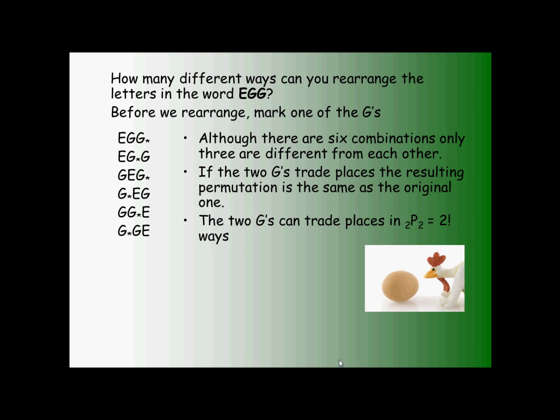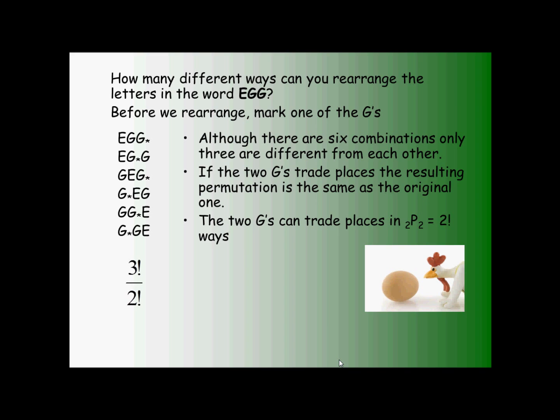And so what we're going to do when we have repeated objects or repeated letters, in this case, is basically divide out for the repetition that's happening, because we only want to count each of the arrangements once, but we can see here that we're counting each of the arrangements twice. And we're counting each of the arrangements twice because the 2 G's can trade places in 2 different ways, or in other words, 2 factorial ways.